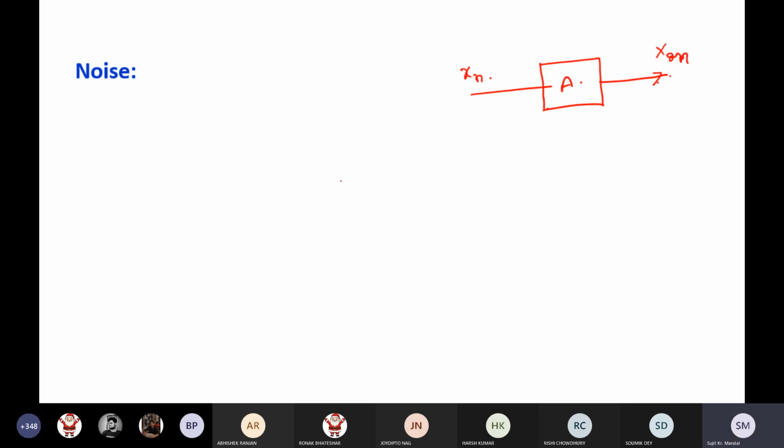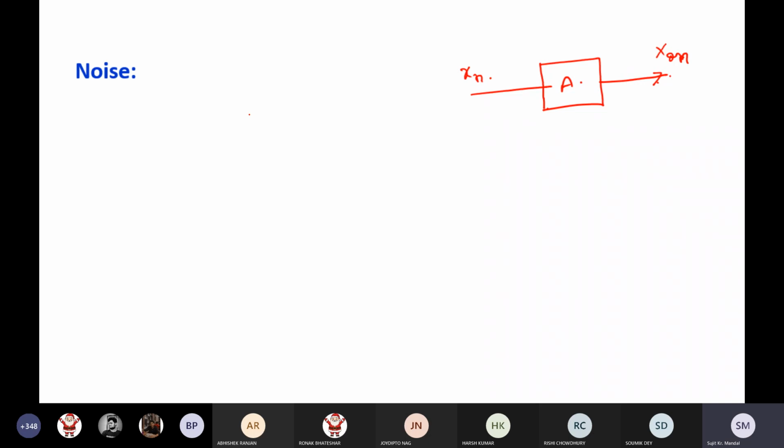Hopefully all of you know what we mean by noise. Noise is some unwanted signal which appears in a communication system or electronic system. For example, right now I am taking your class. From the road, different noise is coming when vehicles are moving, when someone is talking. That creates some disturbance for you. So that is what noise is.